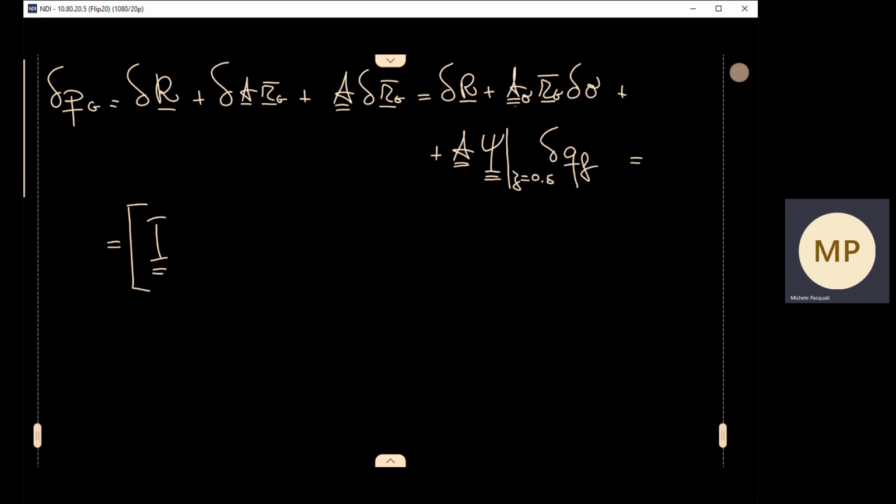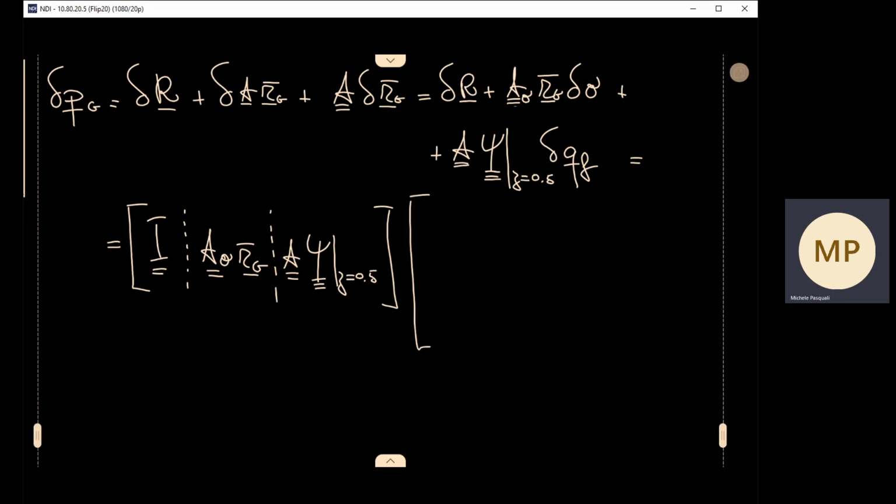So if we write all of this in terms of matrices, you get I, A theta times RG, A applied over psi estimated at zeta equal to 0.5, and then we have delta R, delta theta, delta QF.